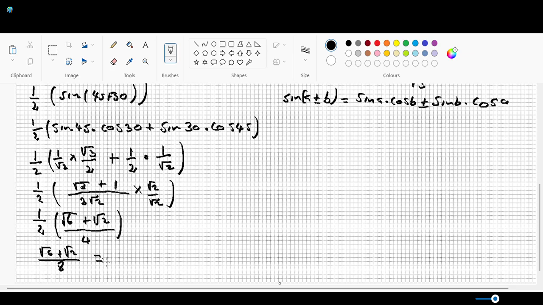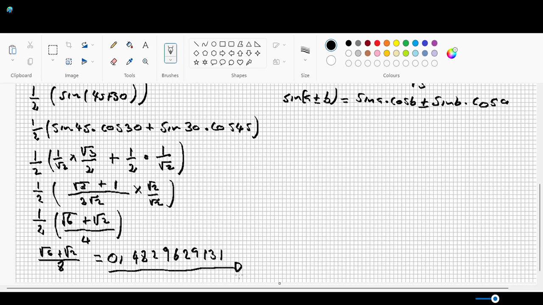It's going to be root 6 plus root 2 over 8, which gives you 0.4829629131.